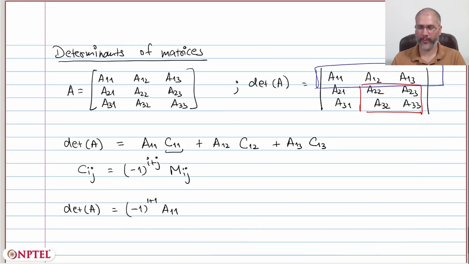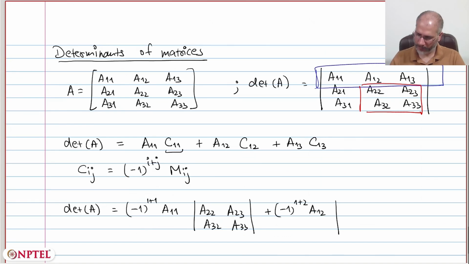So whatever is left, you take the determinant of that. So this is the determinant of, and so this time we block the first row and the second column.